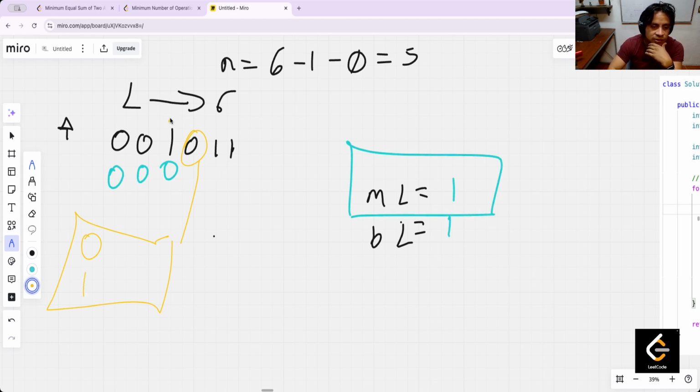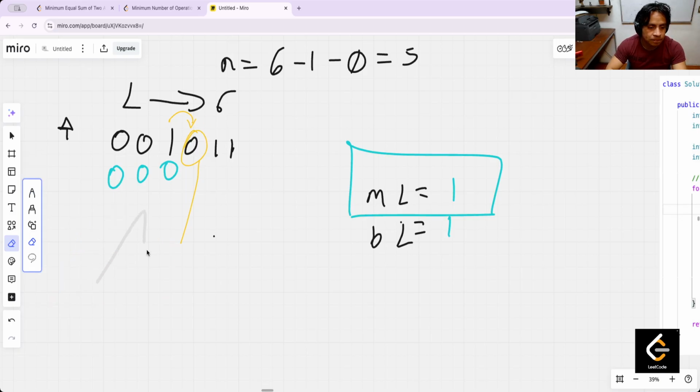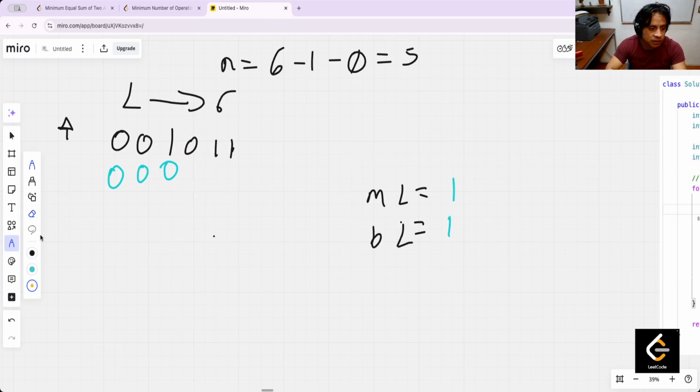In this case, it's right because it's only this. Yeah, in one jump, I can reach this position. Yeah, this is the meaning of these variables.